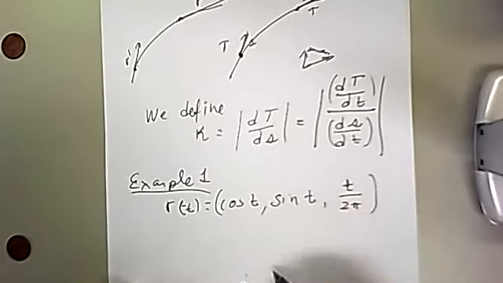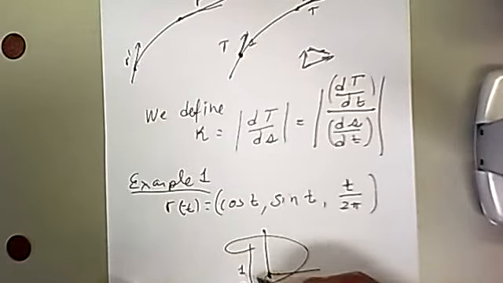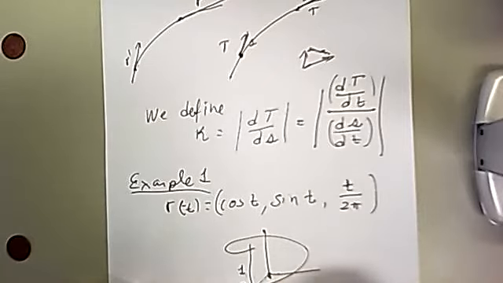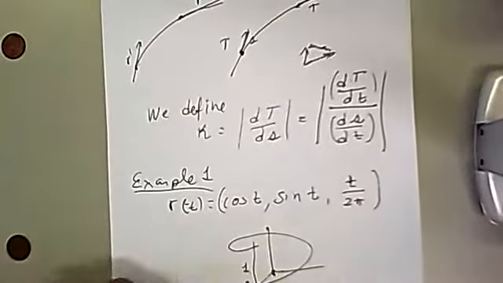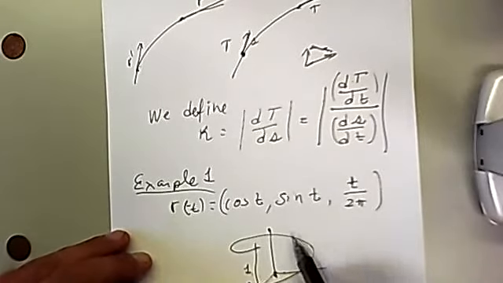So this is the helix that we have been using before. It goes around, comes back 1 unit off from this point, which is (1, 0, 0). It goes up 1 unit. And we want to find the curvature at any point.